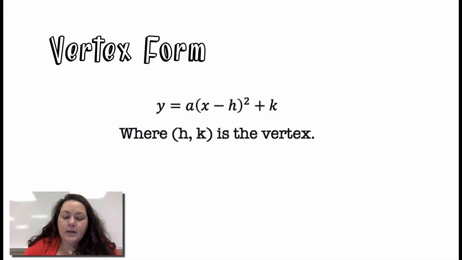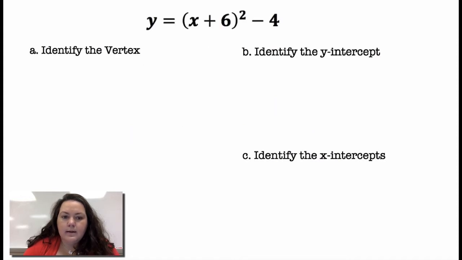All right, so a refresh, Vertex Form is y equals a times x minus h squared plus k, where (h, k) is the vertex. If I have a function in vertex form, first identify the vertex.